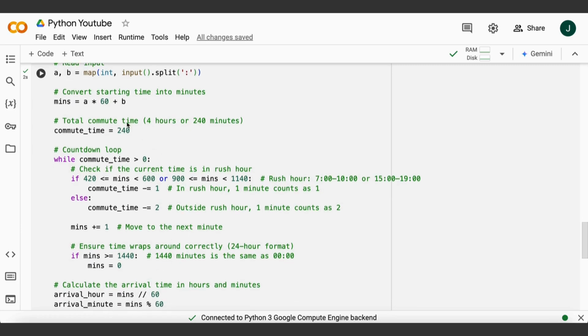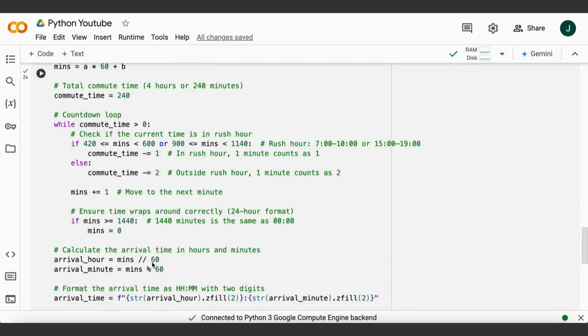So it will be true until commute time equals 0, right? So once commute time equals 0, then we will have the arrival time.